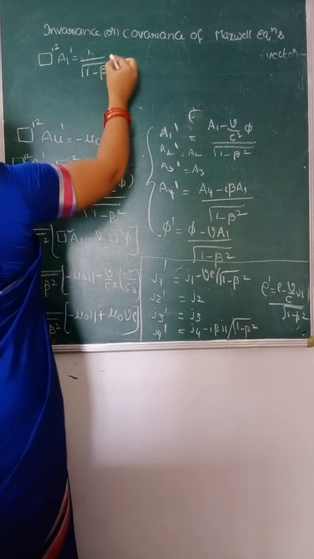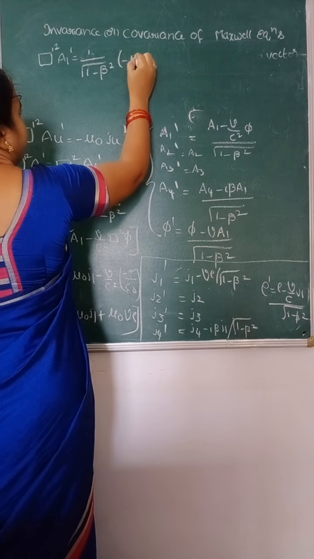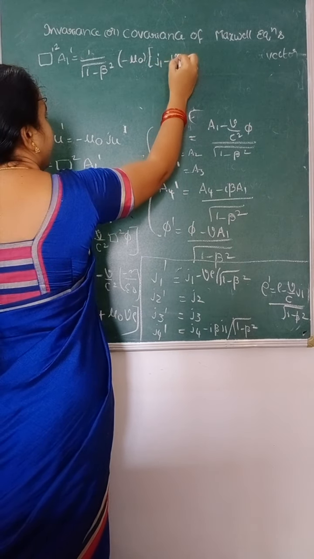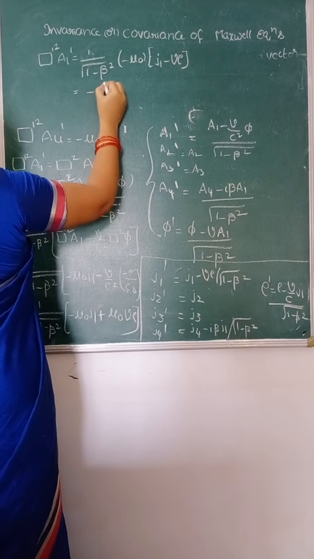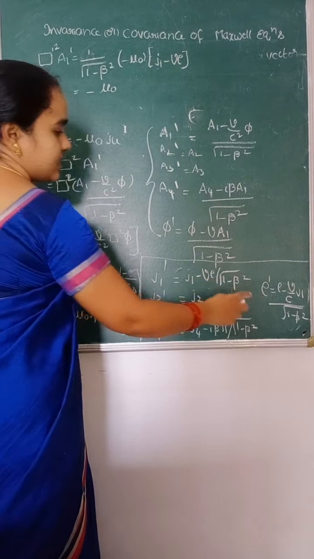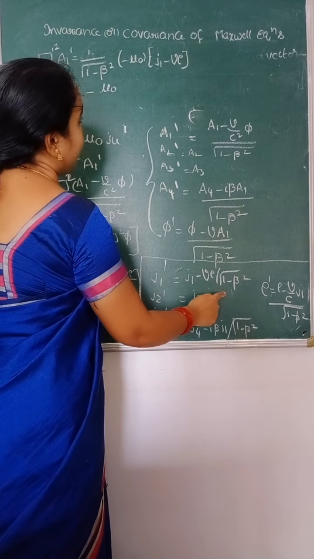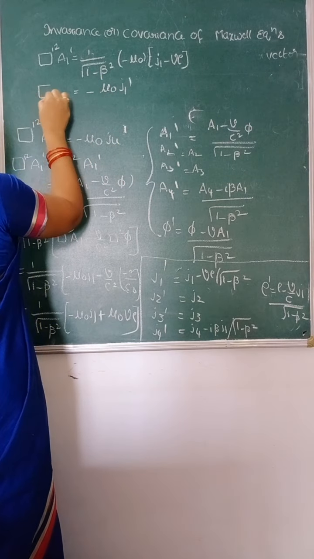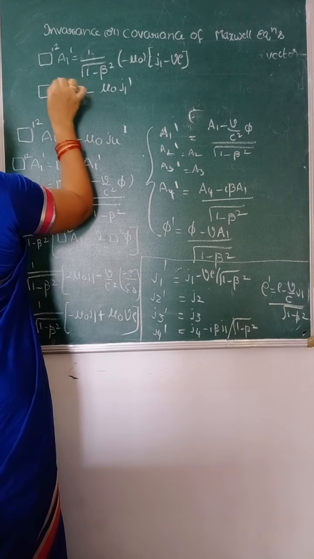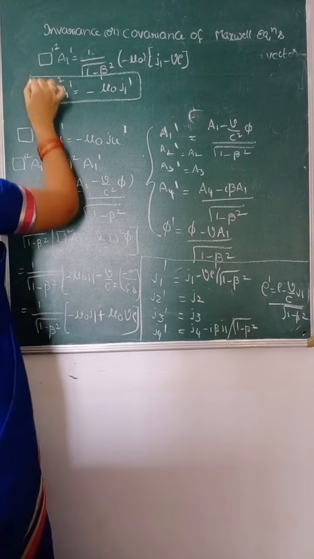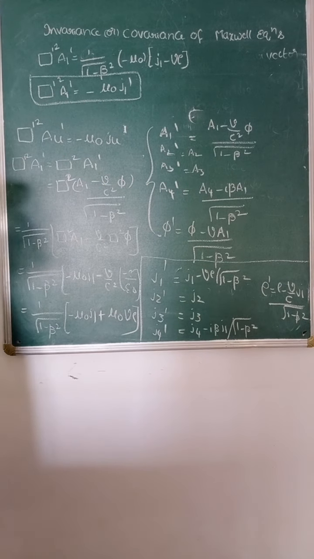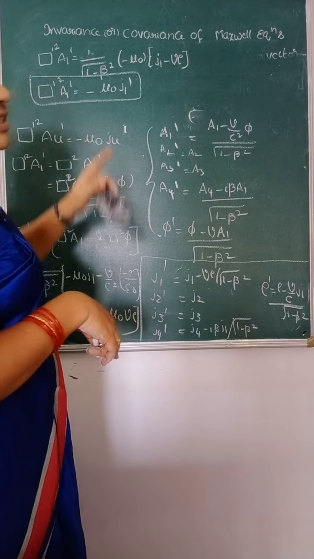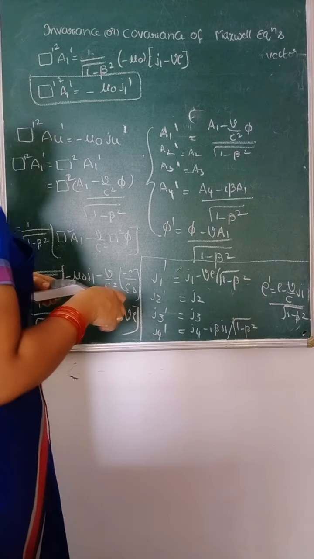Take the minus mu naught as common, so j1 minus v rho, so minus mu naught into j1 minus v rho by root of 1 minus beta square is j1 dash. So del dash square of a1 dash is equal to minus mu naught into j1 dash. That is, the first invariance is verified. Hence, in the two inertial frames of reference, the first Maxwell equation is satisfied.